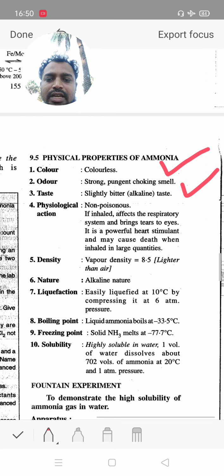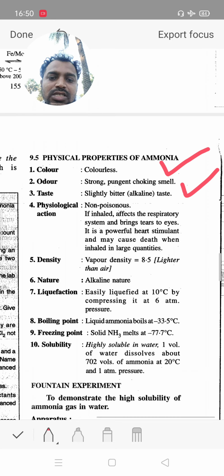Now physiological action: it is non-poisonous, but if we inhale it, it affects the respiratory system and also brings tears to the eyes, and it is a powerful heart stimulant.